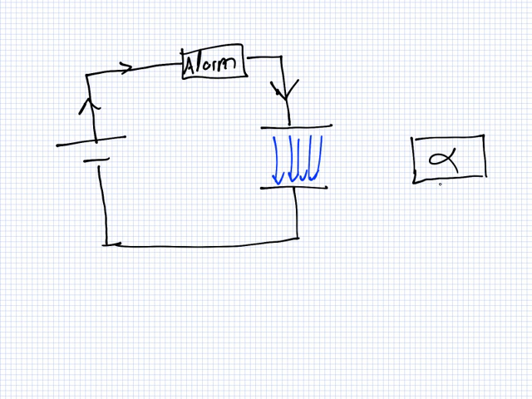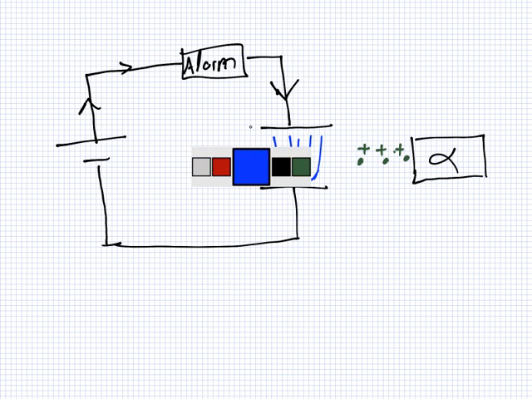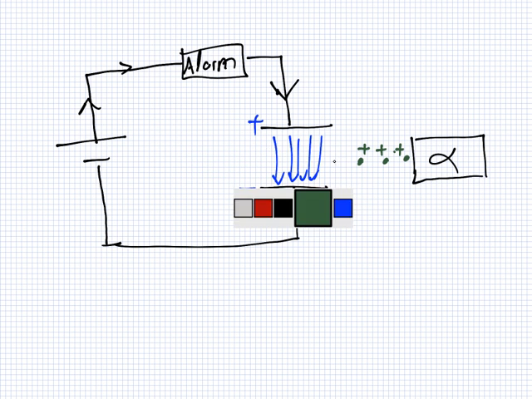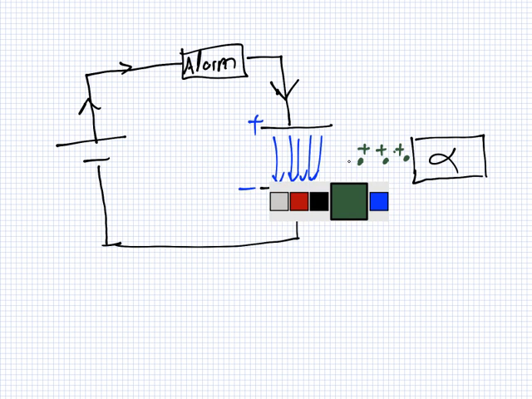So what happens here? Your alpha particles come out, and because they're positively charged, they will want to move down here. So you'll get a current here. Basically, this alarm is like an ammeter, kind of like a milliammeter.